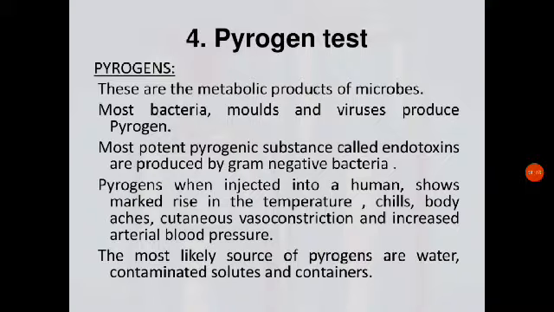These are generally the metabolic products of organisms, mostly bacteria, mold, and viruses, and generally they are the endotoxins of gram negative bacteria. So what happens is it will cause a rise in the body temperature.